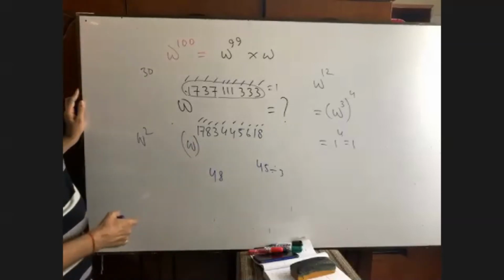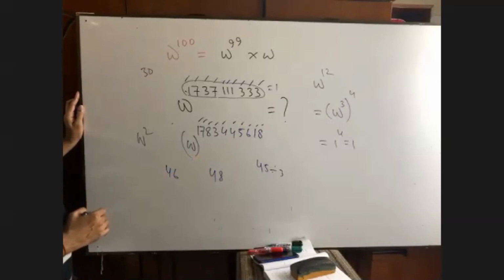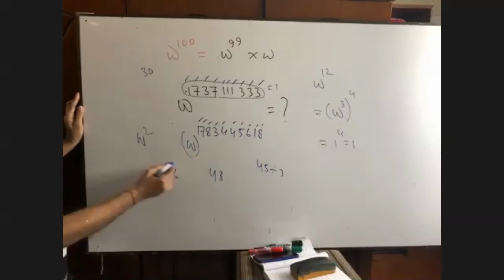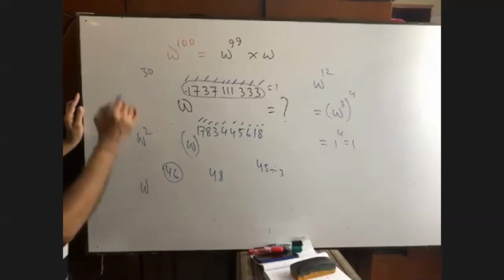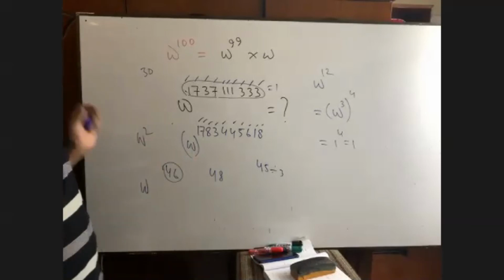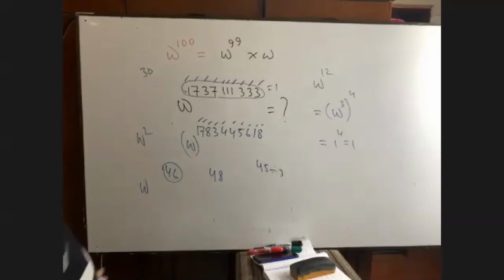Yes, you're right. If it was 46, summation, what would be? Let me know. Then omega to the power 1. Yes, you're right. Only omega. I think you've got it very easily.